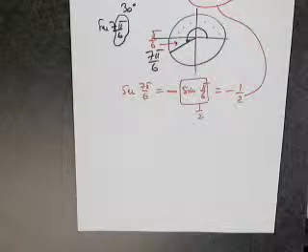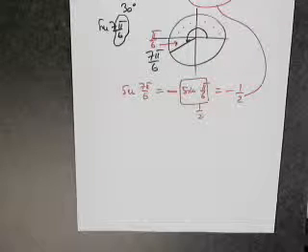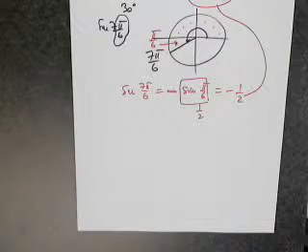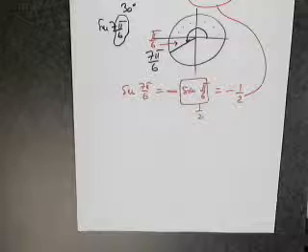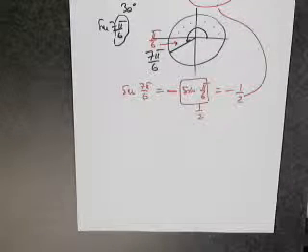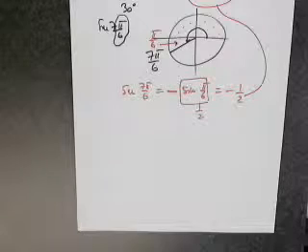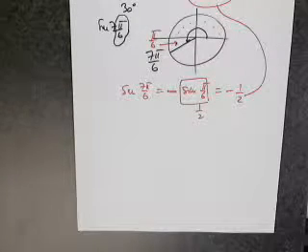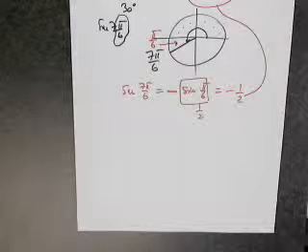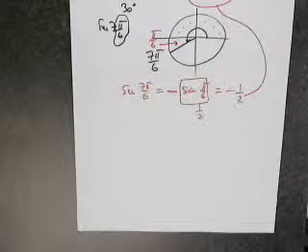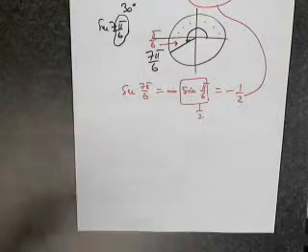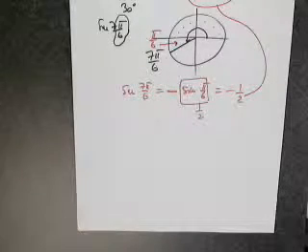I specifically said only look at sine and cosine. That's all you need, because the other 4 trig functions depend on both or just one of them. Once you know sine and cosine, you know all the other 4. I don't want you to sit down and memorize the tangent, cotangent, secant, cosecant for 30 degrees, 45 degrees, or 60 degrees.